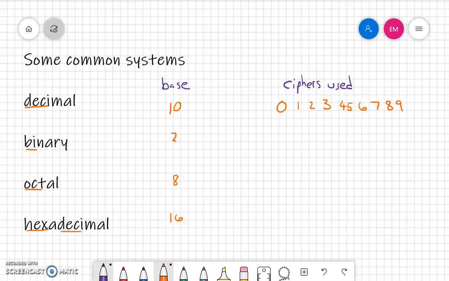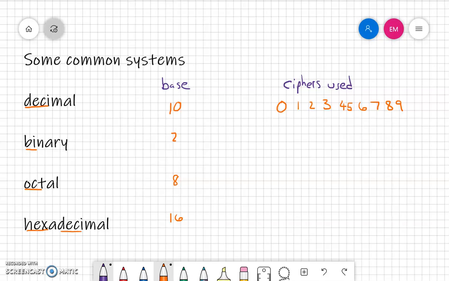So notice there's 1, 2, 3, 4, 5, 6, 7, 8, 9, 10 ciphers that we use in a decimal system. And of course, once we get to the 10th cipher, we have to do something, and that will make sense in a moment when we get into more about how systems count up.